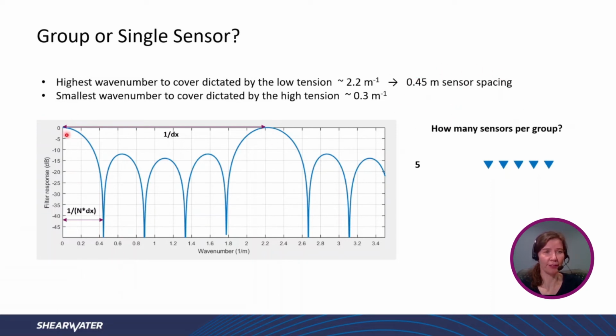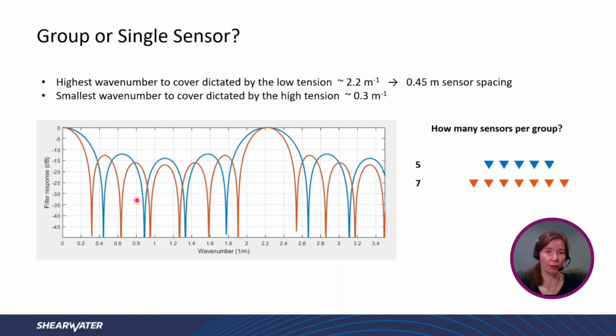And then the number of sensors in your group actually dictates how fast you get to the first notch, or how fast your filter response increases to a high response. And we can see here at 0.3 we get a less than 10 dB noise attenuation, so that's not good enough. So let's add some more sensors.